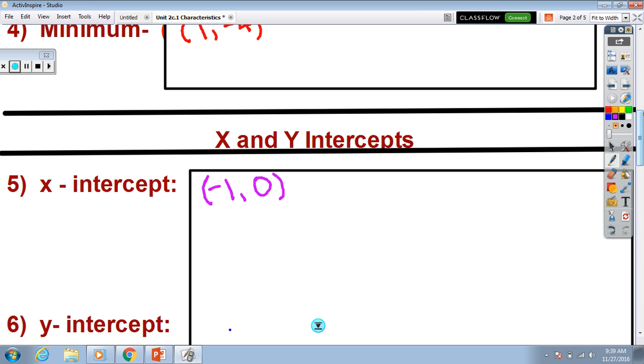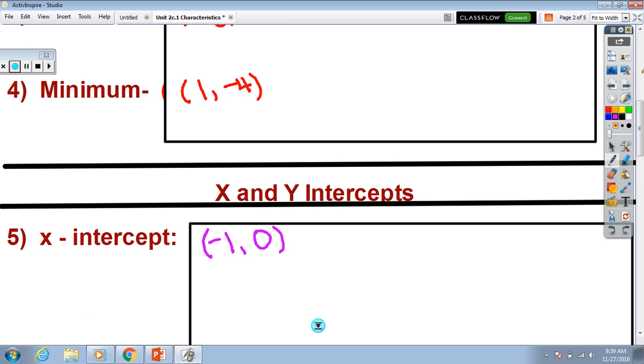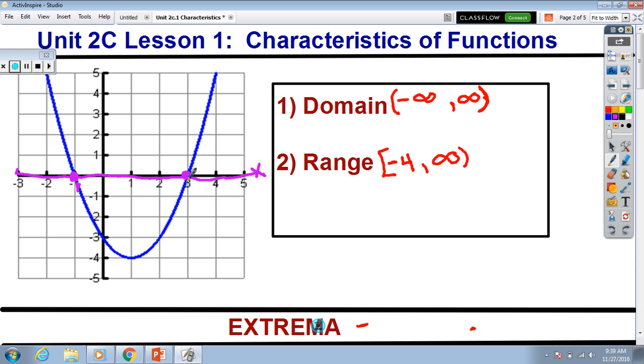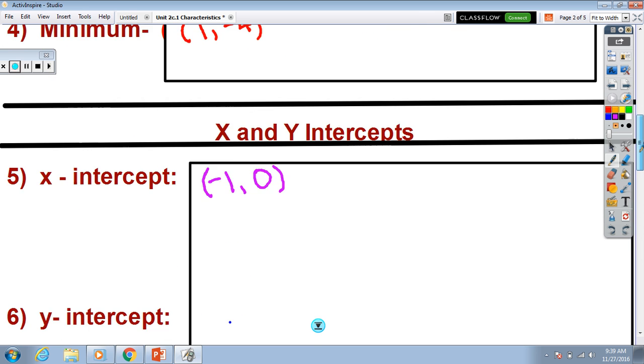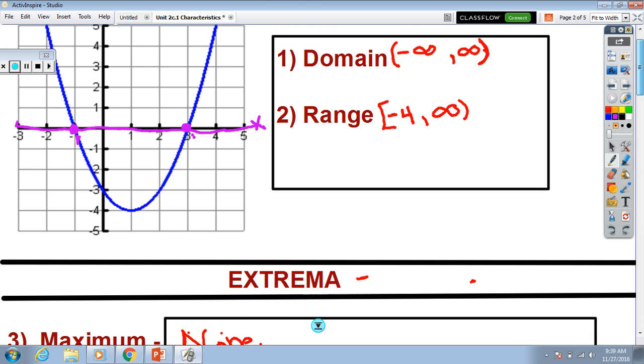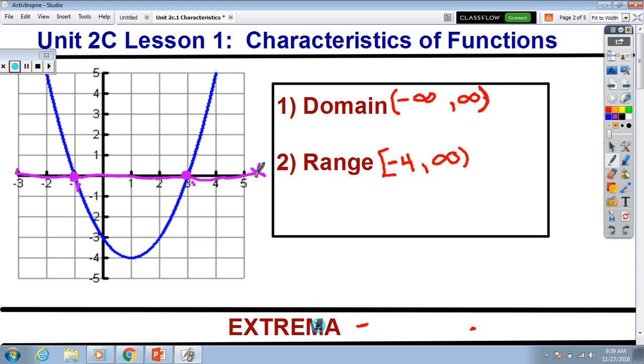So now I go back up to the top. What is the point that represents the other one? What is the number that represents this point? The number 3. Notice the x value is 3. So when I write this point, 3 has to be first. So notice we had 2 different places where it intercepted the x-axis, so we wrote both of those points. That is where the blue line touches the x-axis.